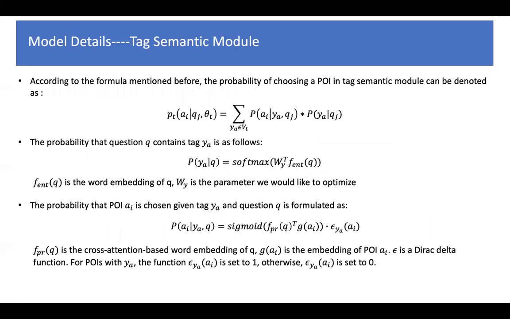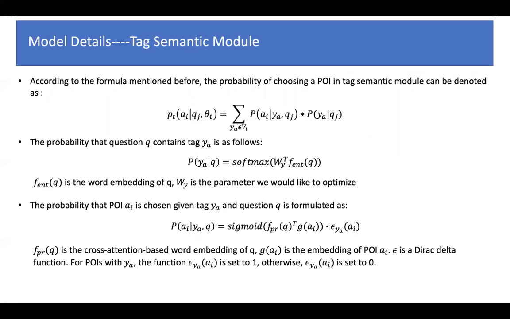According to the formula mentioned above, the probability of choosing a POI in tag semantic module can be denoted as follows. So the probability that question Q contains tag YA is as follows. And we take the softmax output of WY times FENTQ. FENTQ is word embedding of Q, and WY is the parameter we would like to optimize.